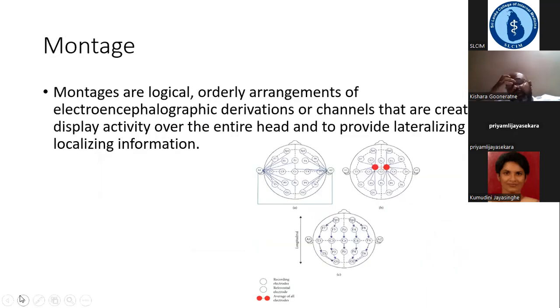Right. So what is a montage? Often what we see on the left of an EEG paper or EEG sequence is a montage, which is the order in which the electrode potentials are referenced against each other.